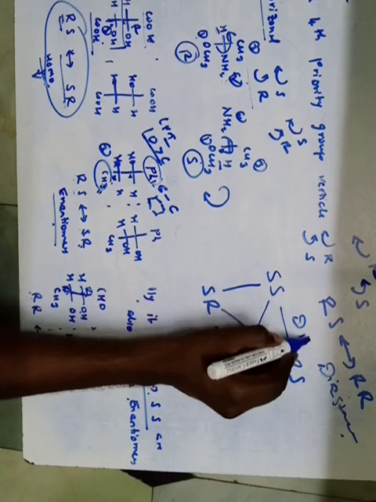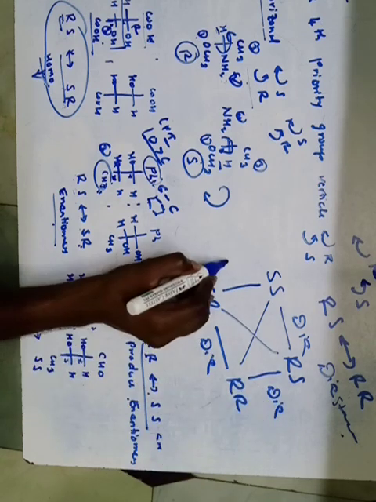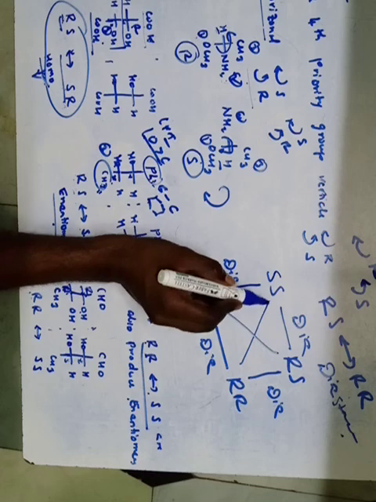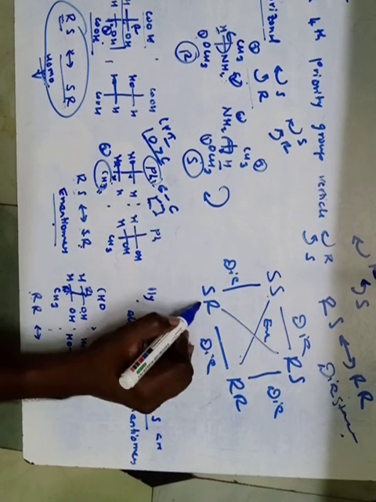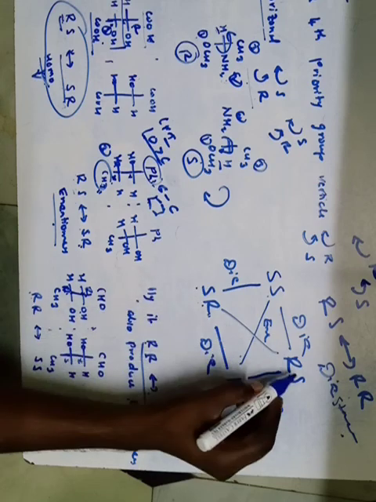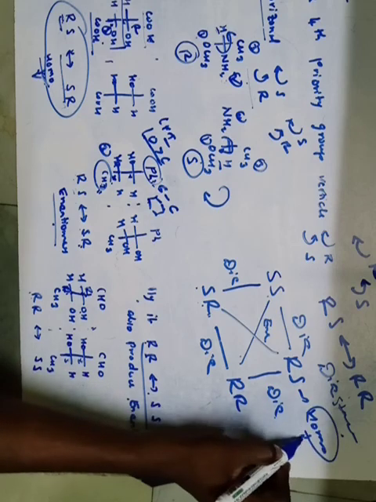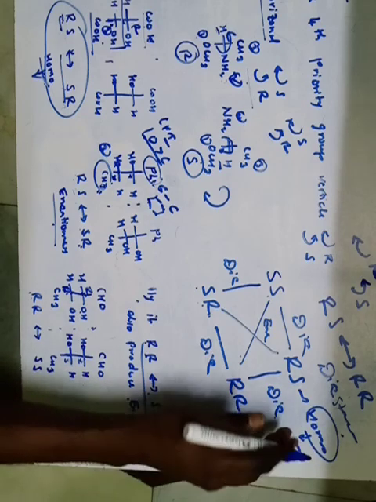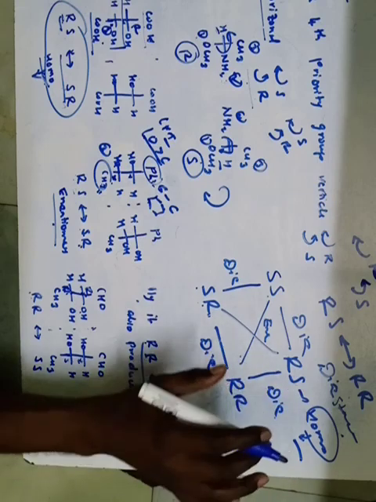These are the diastereomers. Where SS, RS, RR are there, these are enantiomers. Where SR to RS conversion is there, these are the homomers. Based on this, if identical groups are there, it will be homomers. If non-identical groups are there, then those are enantiomers. You have to remember this one.